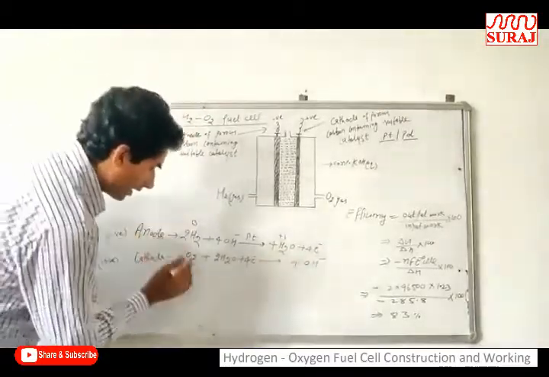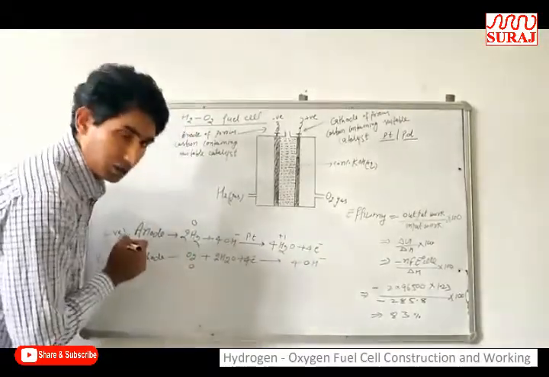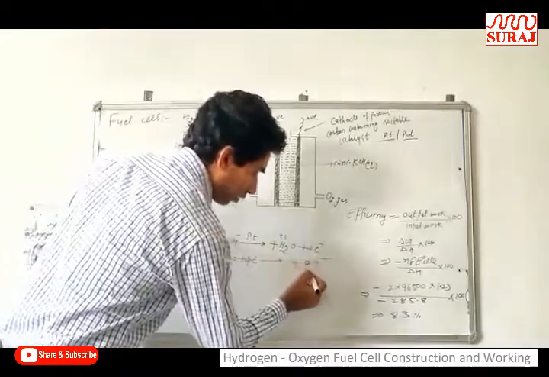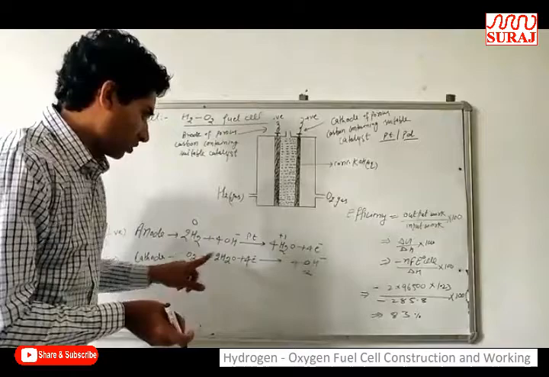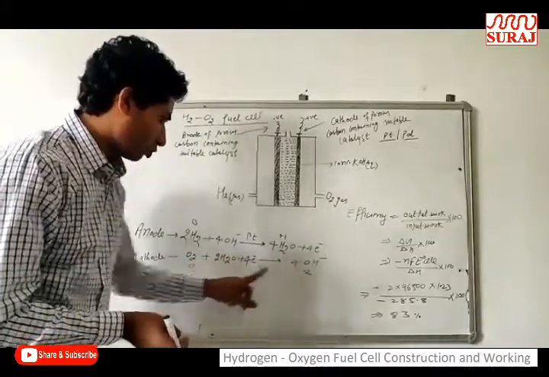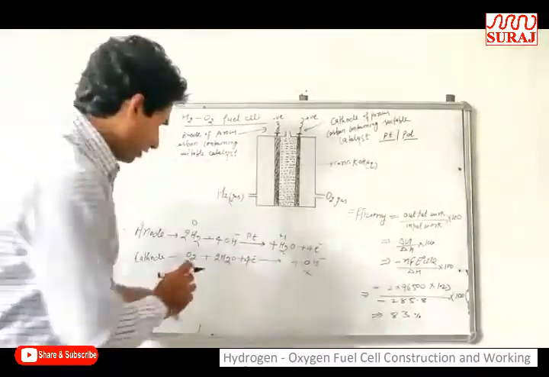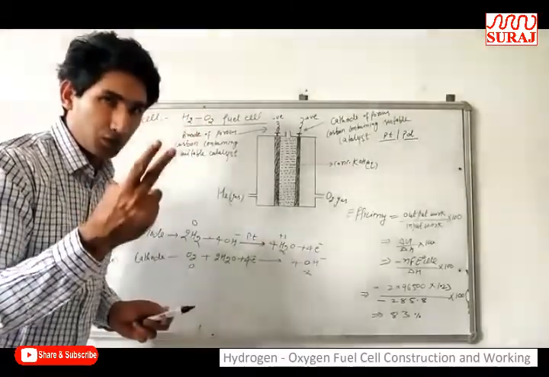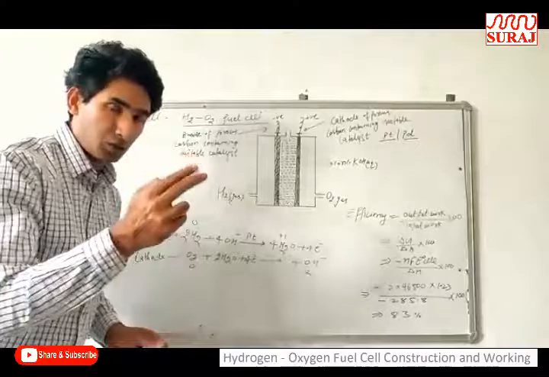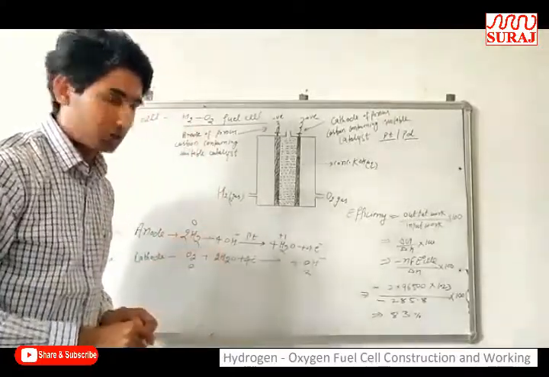Clear? On this side the oxidation state of oxygen is 0, but on this side it is -2. So the 2 oxygens change oxidation state from 0 to -2. When oxidation state changes from 0 to -2, it gains 2 electrons, but we have 2 oxygens, so the 2 oxygens gain 4 electrons.